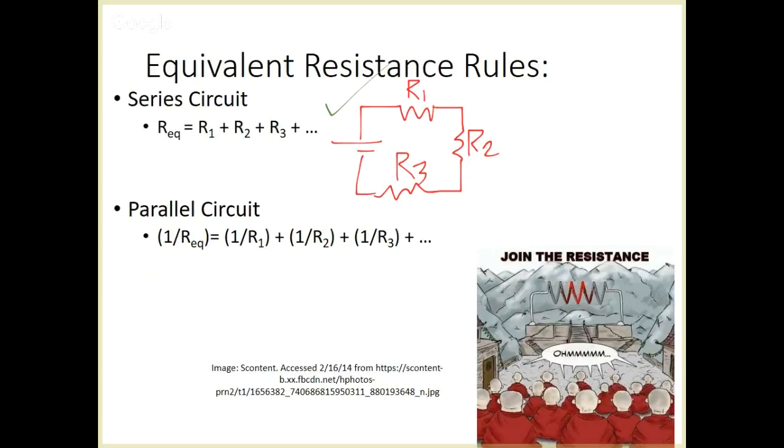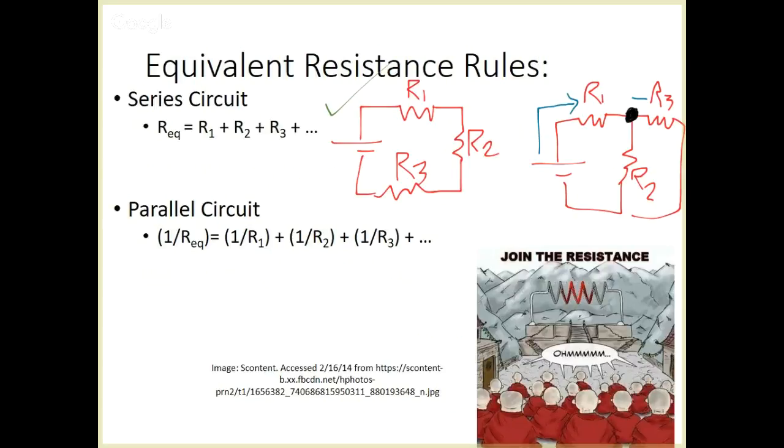If I've got, let's say, R1 here, R2 here, but then I've got R3 here, now there's this pesky little junction right in the middle, falling between R1 and R2, and between R1 and R3. The total current that comes out of the battery goes through R1, but then it splits.